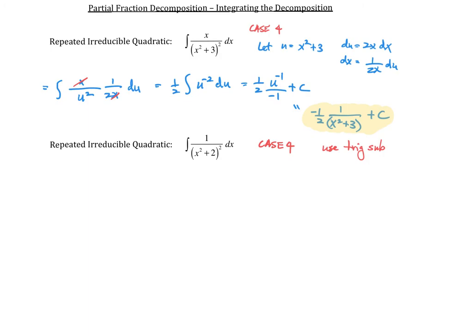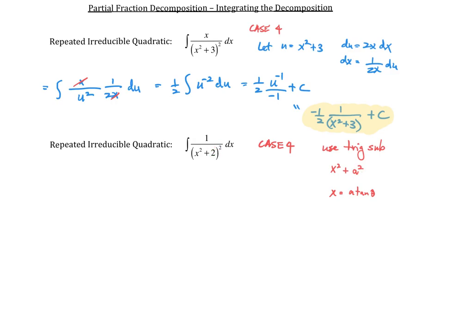So if you had something like x squared plus a squared, then the trig sub that you would use would be x equal to a tangent theta. Now, in this particular case, we have x squared plus 2, so this means that our a is actually equal to rad 2. We have to take the square root of that number here.